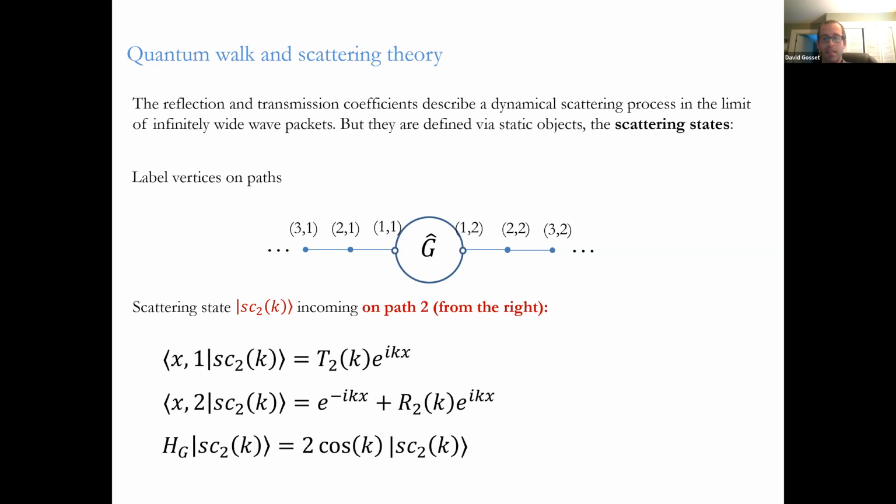One thing I didn't say here is that, as I indicated on the previous slides, one can prove that for these dynamical processes, where you have a wave packet prepared on the left of some finite size L, as L becomes large, these R of k and T of k really do describe the reflection and transmission of that dynamical scattering process. So in other words, the reflection and transmission coefficients that we define through these static objects, the scattering states, really do define what happens when a wave packet is scattered, if the wave packet has a large support.